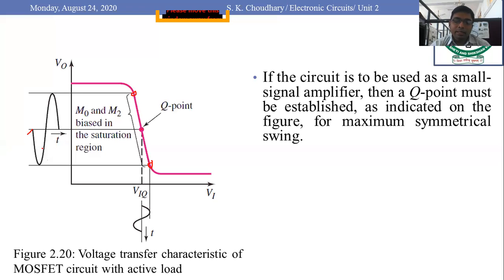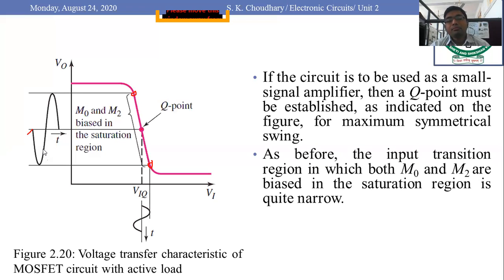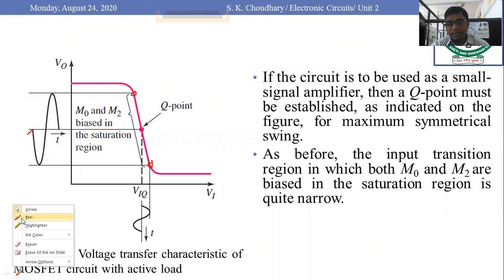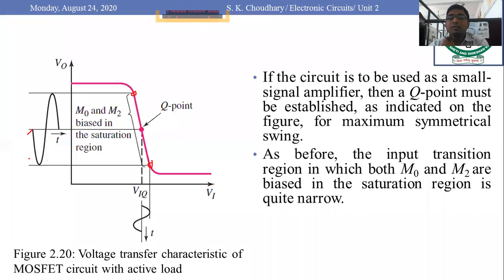But here we have to see that as we are using a common source amplifier in our circuitry, the output voltage would be 180 degrees out of phase. It is an amplified version and symmetrical in shape with the input signal, but it is 180 degrees out of phase.